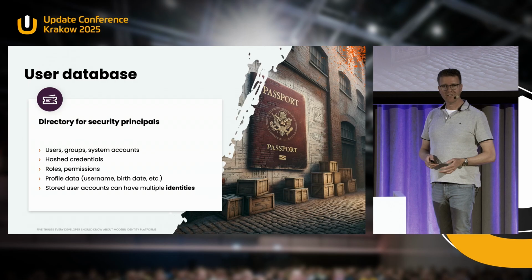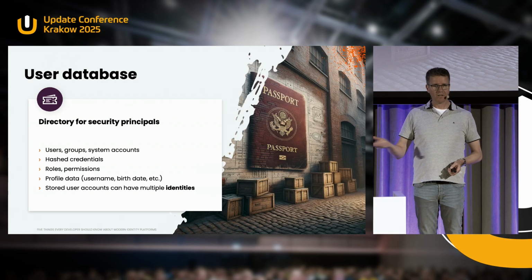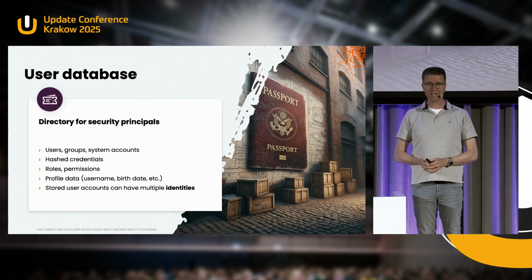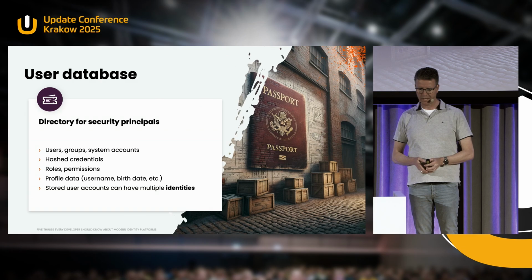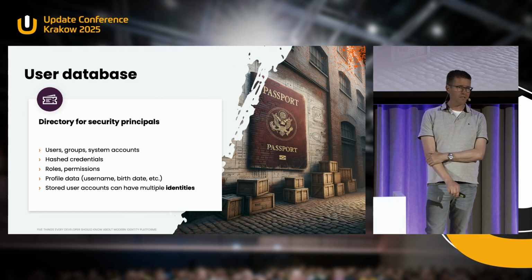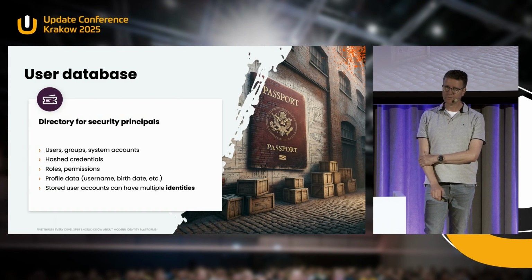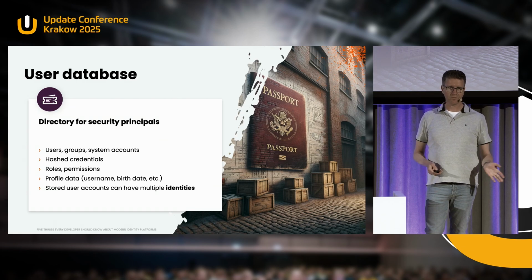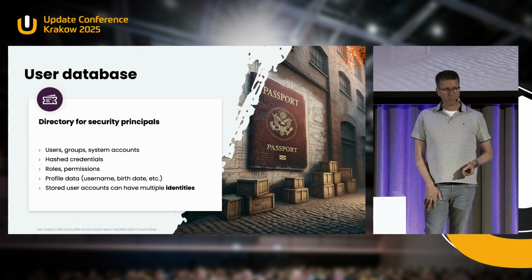You can use these system accounts to identify an application and make sure it can have access rights to other applications as well. One of those user databases will also need to store passwords. And generally, these are hashed, which is an irreversible process, so you don't have the plain text password in your database and just compare hashes.